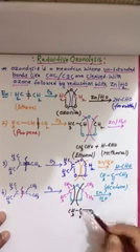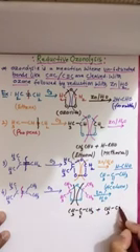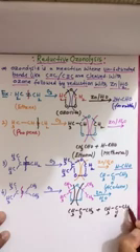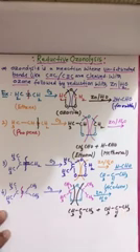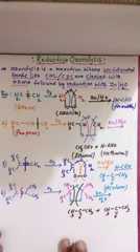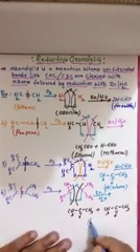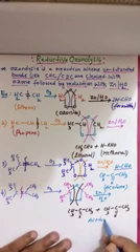You are getting 2 moles of ketones. We are calling this acetone, 2 moles of acetone.